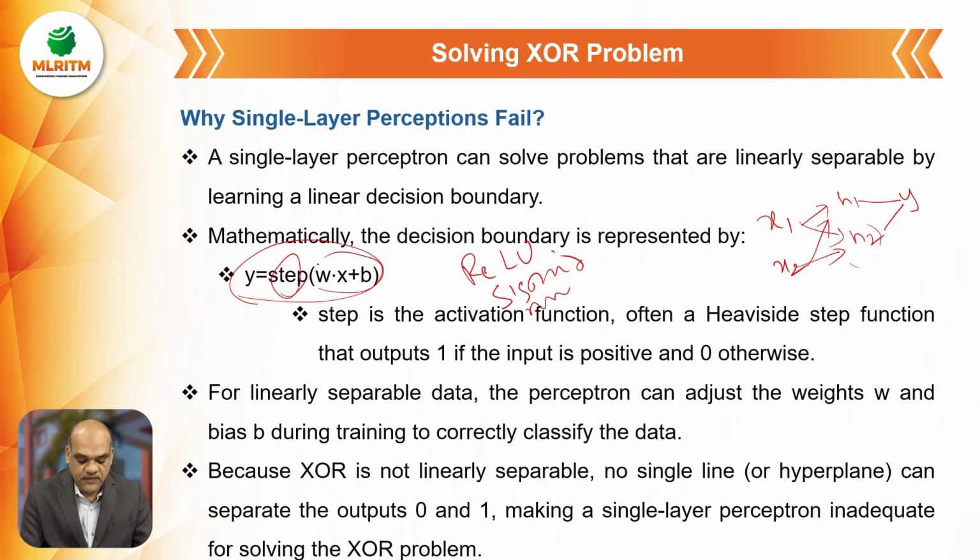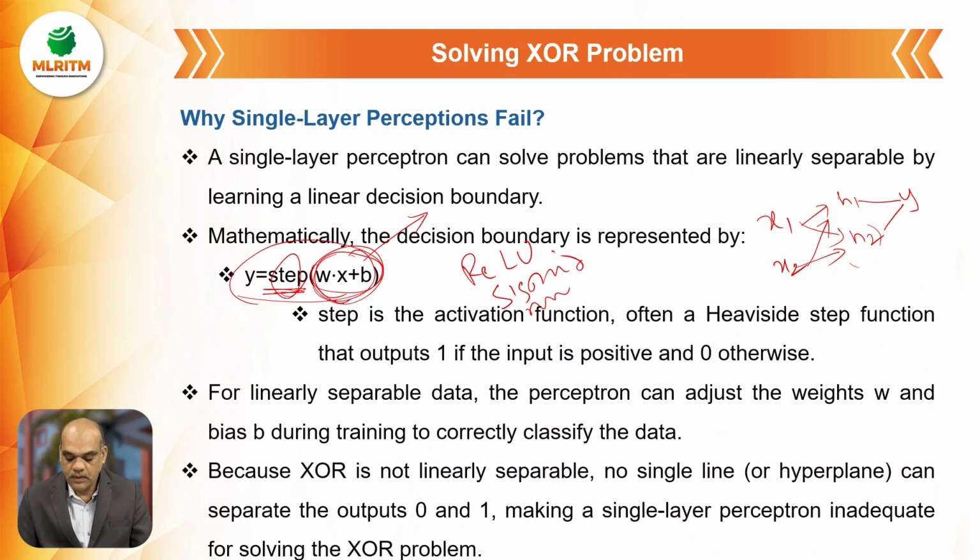That means if Wx plus b is non-linear data, we cannot solve it with a single layer perceptron. For this, we need to introduce the multi-layer perceptron so that the non-linear data will be converted into linear format by the activation function.